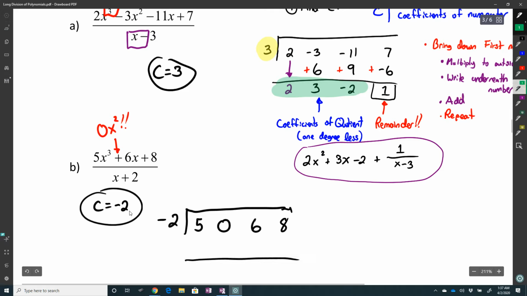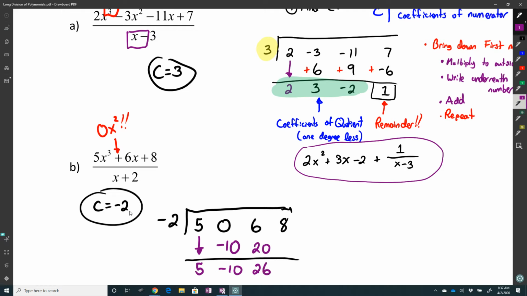Then I do my steps. So my steps say bring down the first number, multiply, right underneath, add them up. Multiply, right underneath, add them up. Multiply, so that's 25, that's -52.